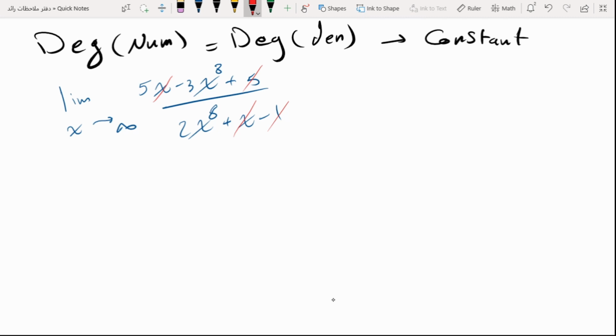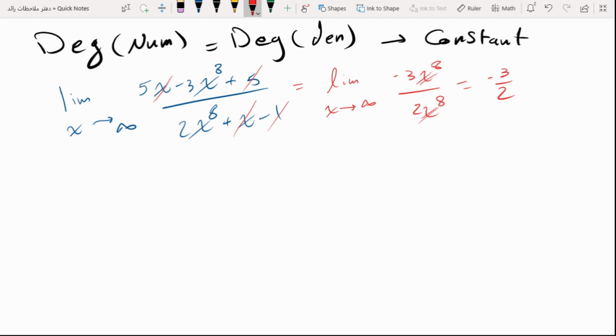Because if I multiply the top and the bottom by 1 over x to the power of 8, by simplifying, it will be the limit as x approaches infinity of negative 3x to the power of 8 over 2x to the power of 8. So x to the power of 8 with x to the power of 8, the final answer will be negative 3 over 2.